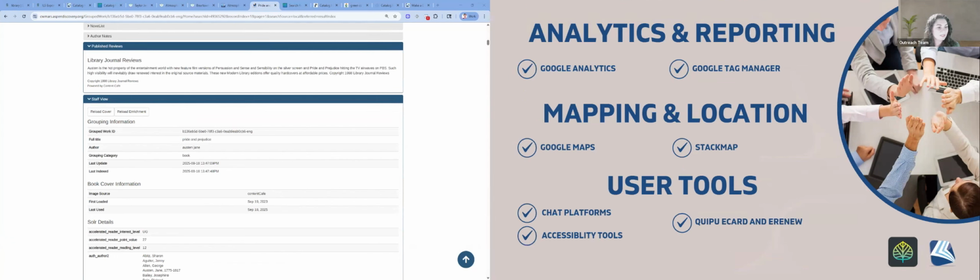Beyond enrichment, Aspen includes a variety of more utility-focused integrations. So, for example, Google Maps can be used to display branch locations and directions. And let me jump over to our Darien Public Library.